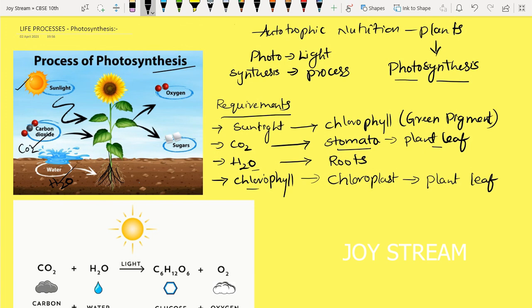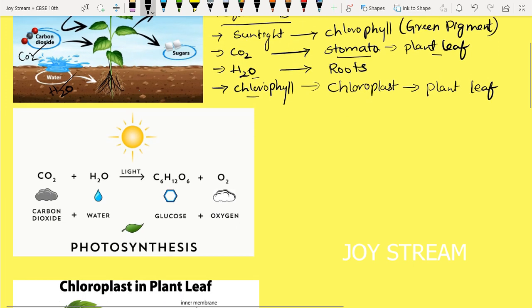Okay. There is an equation here. So, before the equation, I will give you a definition. The intake of simple organic compounds and converting them to complex compounds in the presence of sunlight and chlorophyll by the plant is called photosynthesis. What does this plant do? It takes the simple organic compounds. What are the simple organic compounds?